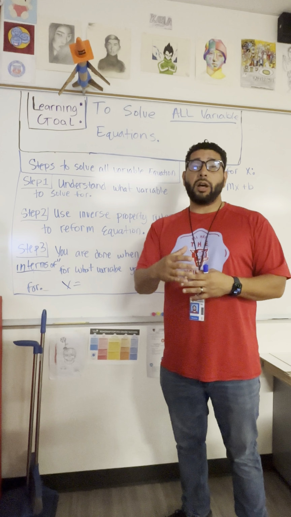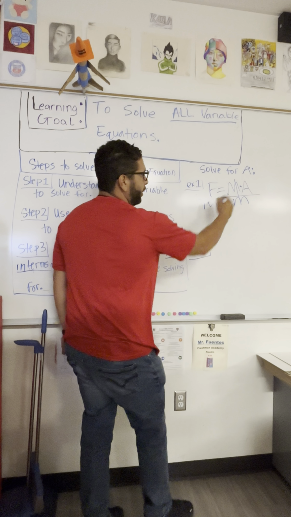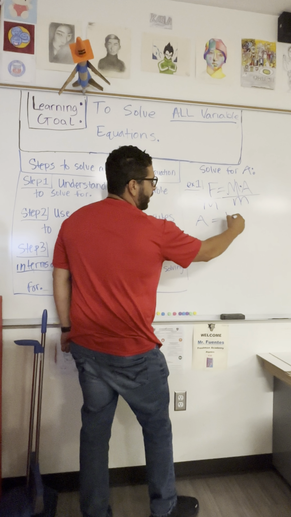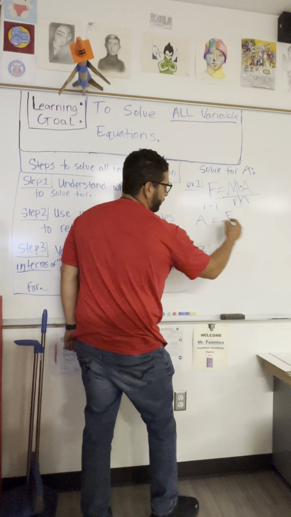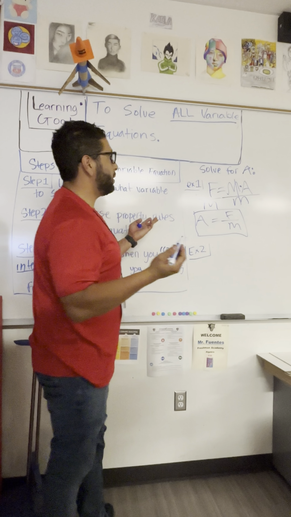So again, ask yourself, what are you solving for? I'm solving for A, and I want to get A all by itself, but it's being multiplied to M. So all you've got to do is do the opposite of multiplying by M, which is dividing by M. M's cancel, and you're left with A is equal to F over M. All right? So that's another example.